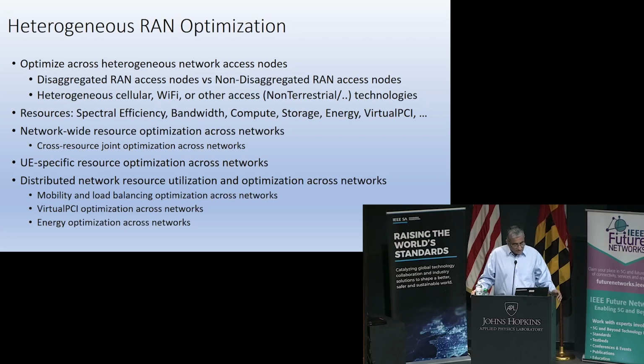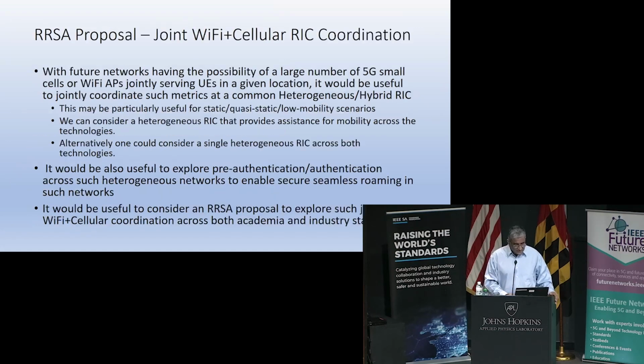And then UE-specific resource optimization for a particular UE based on its requirements. And then distributed network resource utilization and optimization, such as mobility, load balancing, PCI optimization, energy optimization, and so on. So in the broader scope of things, there are a lot of interesting problems that we can explore for heterogeneous RAN optimization. But I thought first we will just address maybe an RSA proposal for just coordination across Wi-Fi and cellular.